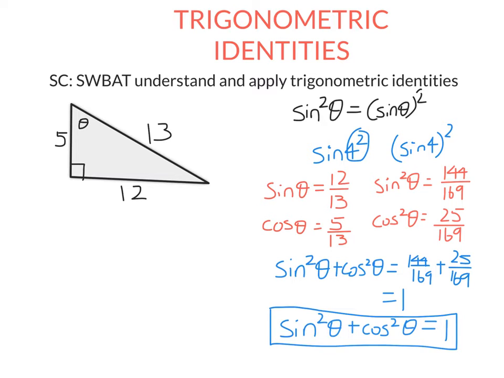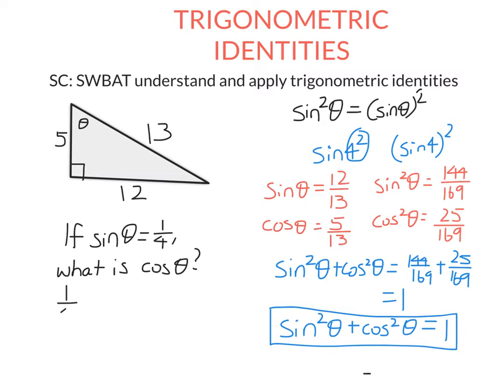We can apply this to find, say, a value of cos theta if we know the value of sine theta. Let's say sine theta is 1/4 and we want to find the value of cos theta. Well, we've got this equation linking sine theta and cos theta. So we know that sine squared theta, so this is sine theta squared, plus cos squared theta is equal to 1. So 1/4 squared is 1 over 16.